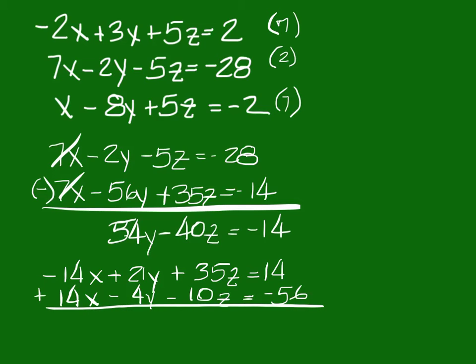And you'll have to add those because the signs are opposite out here. So 21 plus a negative 4, that's 17. And 35 plus a negative 10 is 25. And 14 plus a negative 56, that's going to be a negative 42.